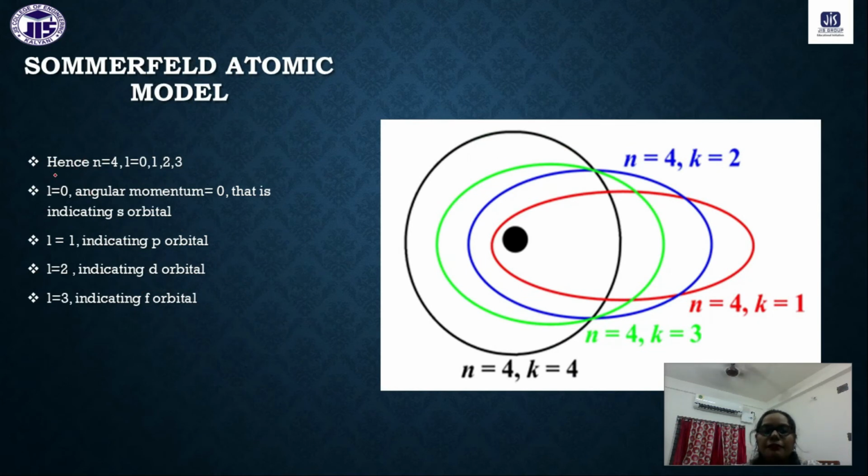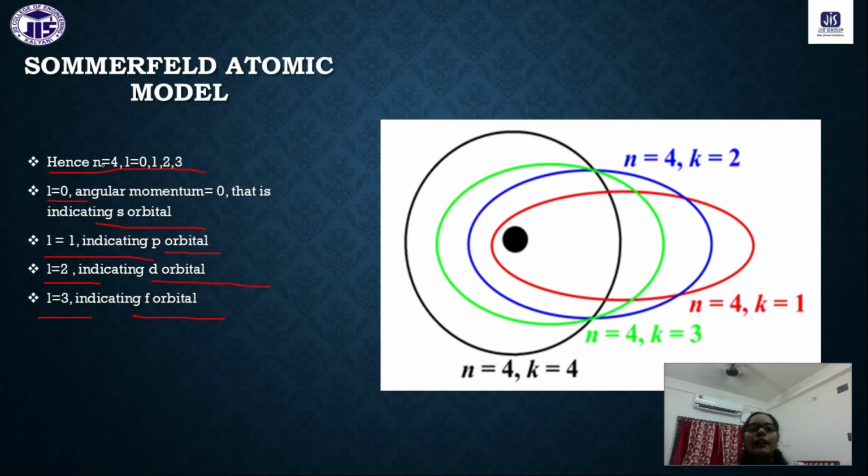Whatever I have told you, consider n equals 4. What are the values of l? l should be 0 to n minus 1, that means 0, 1, 2, 3. When the l value is 0, that orbital is called the s orbital. When the value is 1, it is called the p orbital. If the l value is 2, it is called the d orbital, and if the value is 3, it is called the f orbital.